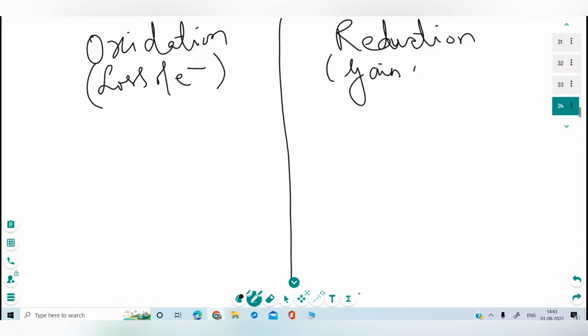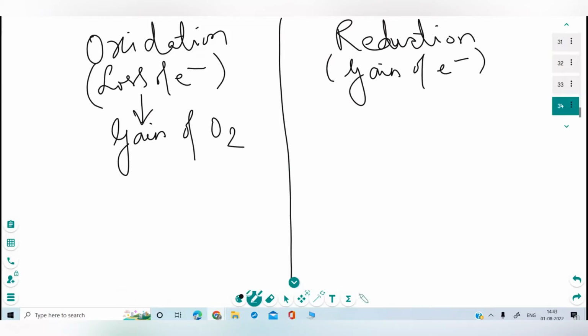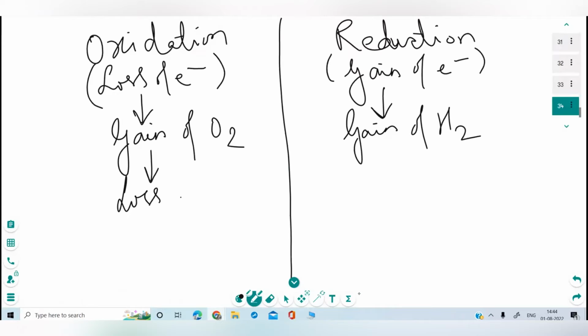Reduction will be gain of electrons. Oxidation will be gain of oxygen, loss of hydrogen. Reduction will be gain of hydrogen and loss of oxygen.